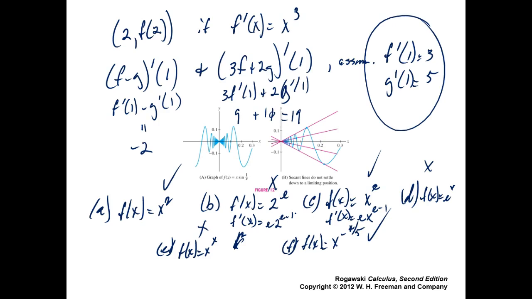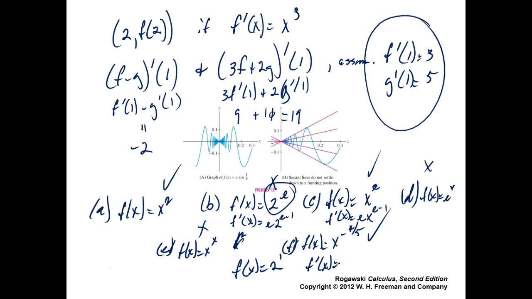Because this is a constant. Make up a constant, any old constant. 2. Okay. So, f of x is equal to 2. Now, couldn't I say that's 2 to the 1? And so, f prime of x then would be, and what's the derivative of 2? 0. Okay.